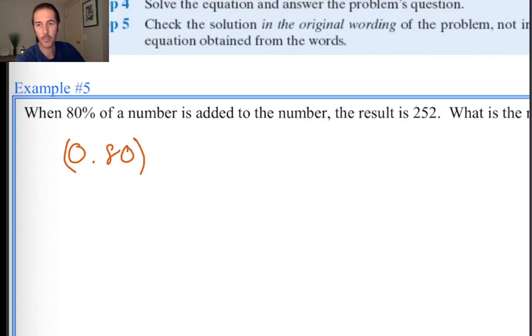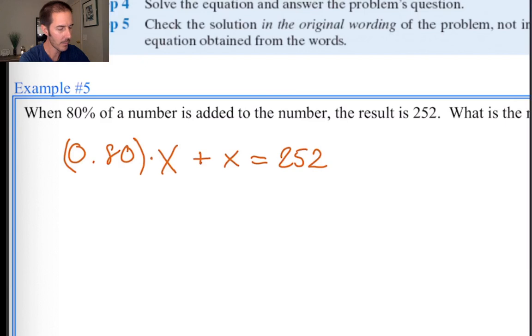Right, so 80% as a decimal, 0.80. Of implies multiplication. A number, which is an unknown at the moment, so I'm going to call it x, is added to the number. We're going to add it to the number. The result is, that's an equal sign, 252.